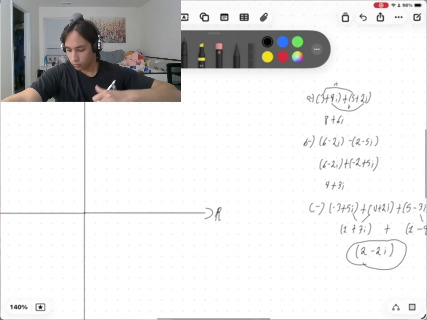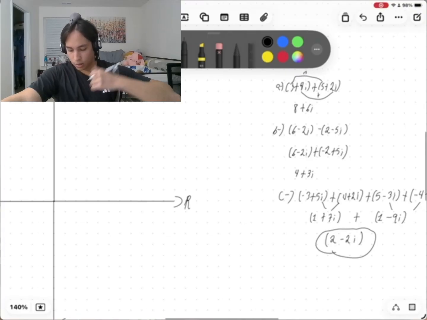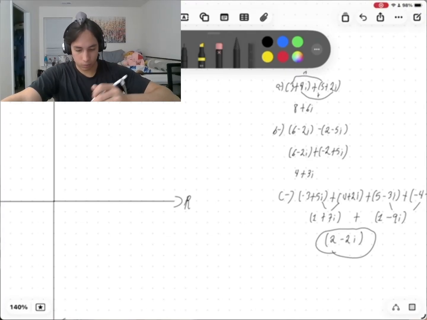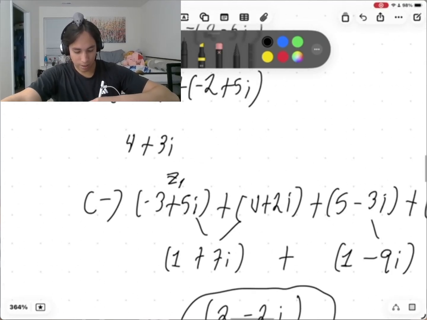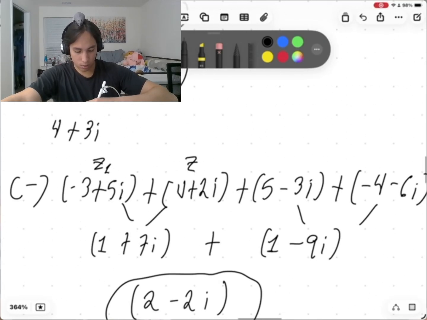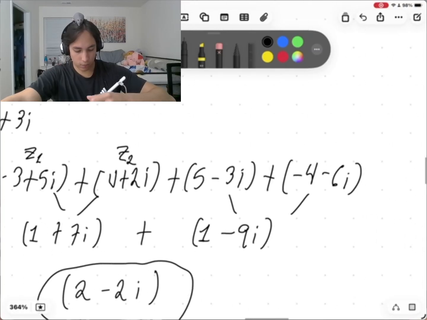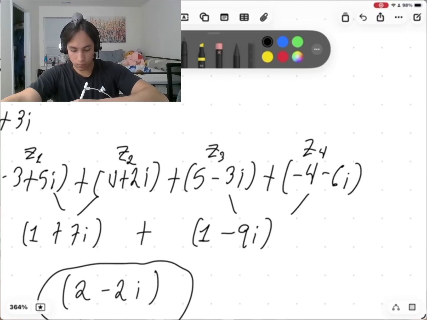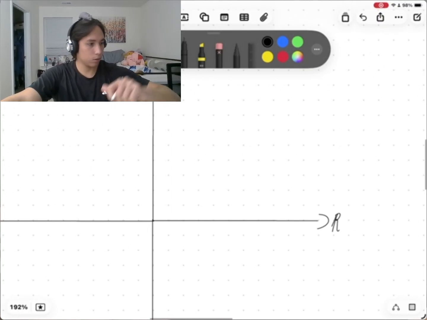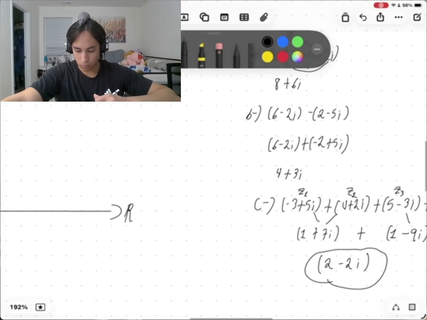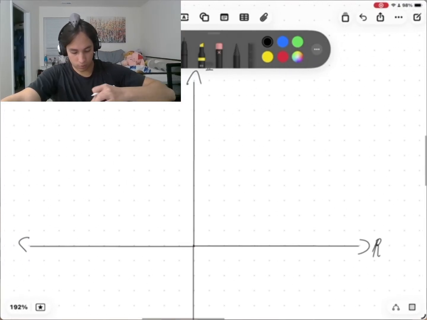So this is gonna take a little while. I'm gonna have to name them, because otherwise I'm gonna get very, very lost. Z3, Z4. There we go. All right. So Z1 is -3 plus 5i.